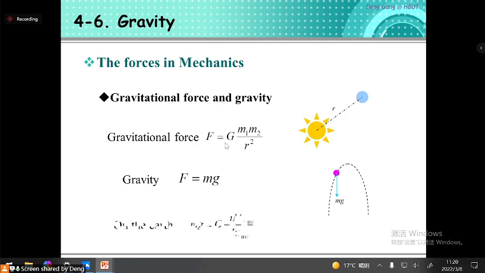When we are very close to the surface of the Earth, the gravity and the gravitational force are almost the same, but slightly different because of the spinning of the Earth. So on the surface of the Earth, we can treat these two as almost the same as an estimation.